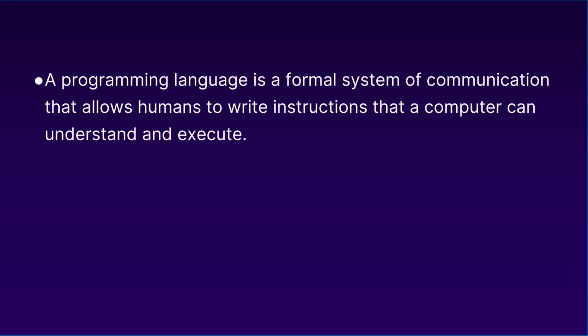If you want to really communicate with the computer, you have to speak the language of the computer, and the language of the computer is what we call a programming language. There are different types of programming language, we are going to talk about that. So a programming language is a formal system of communication.